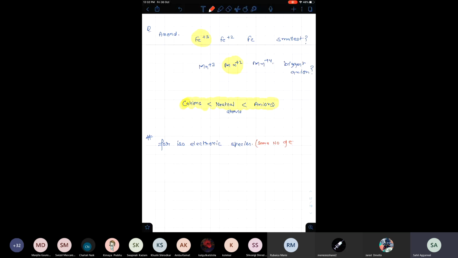Same number of electrons. For isoelectronic species, size depends upon the ratio of electron by proton.